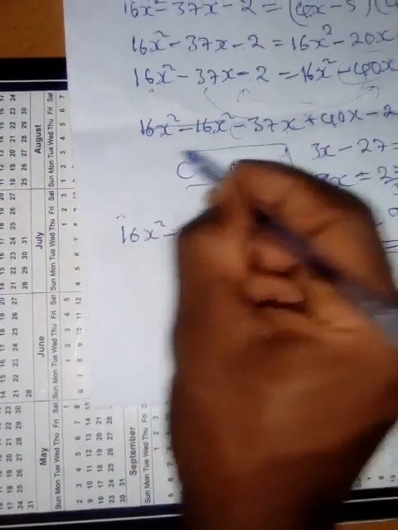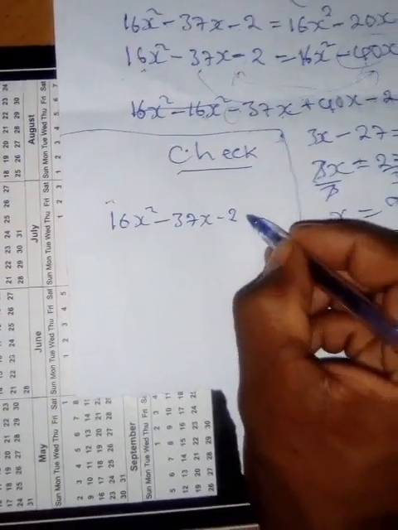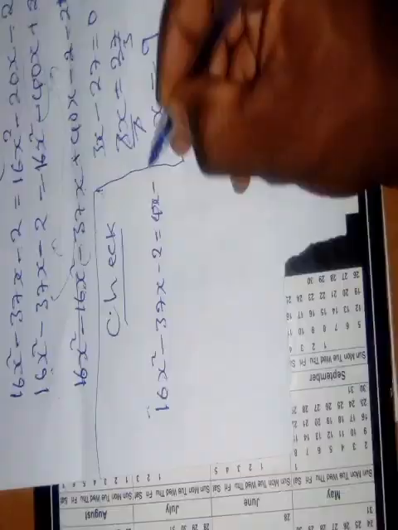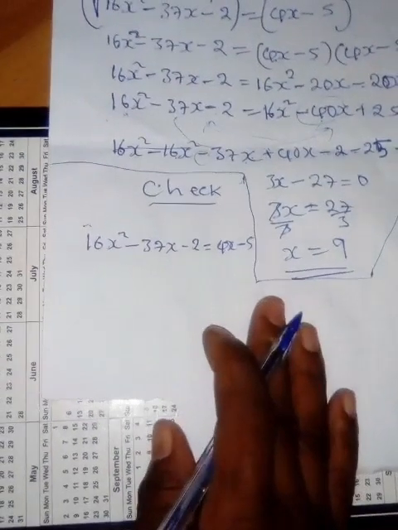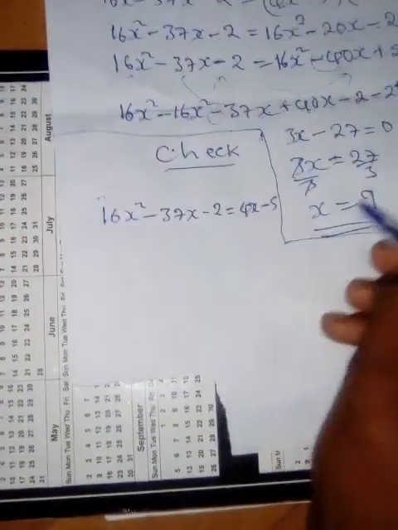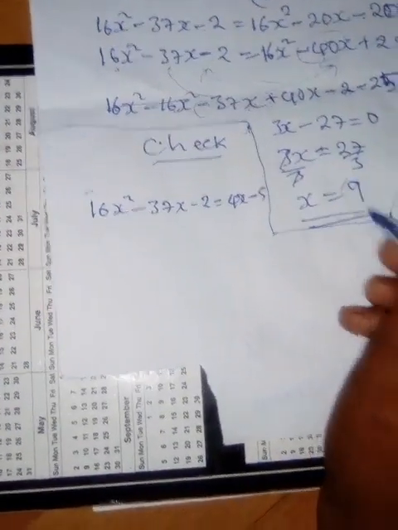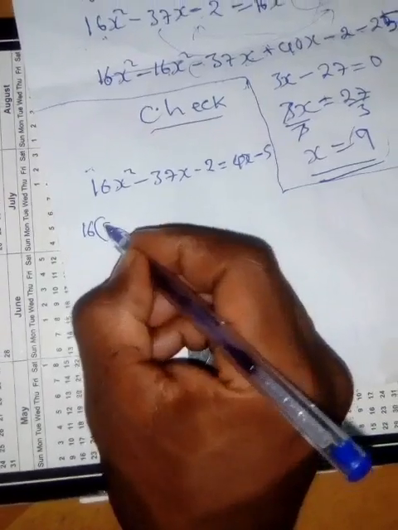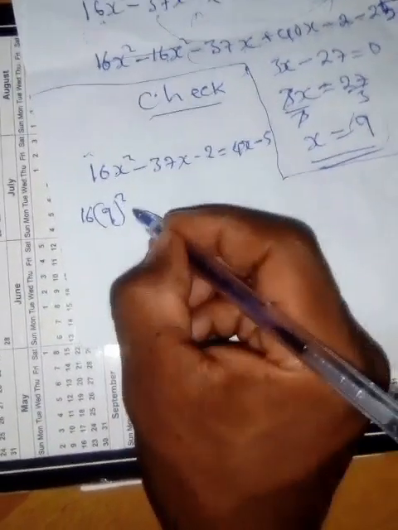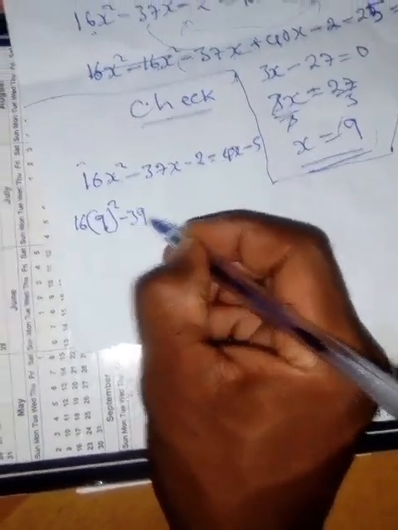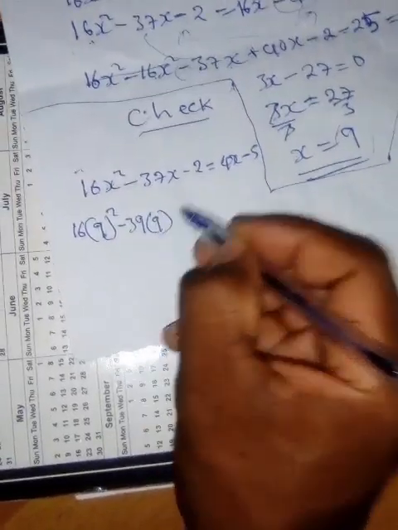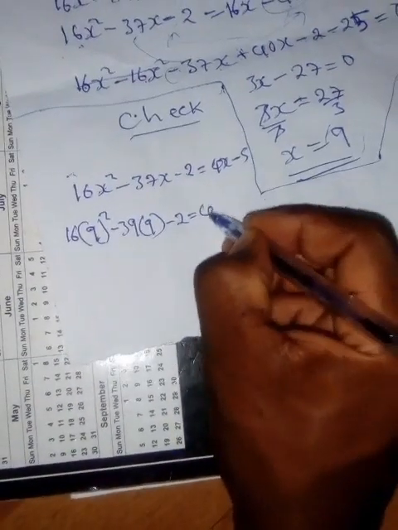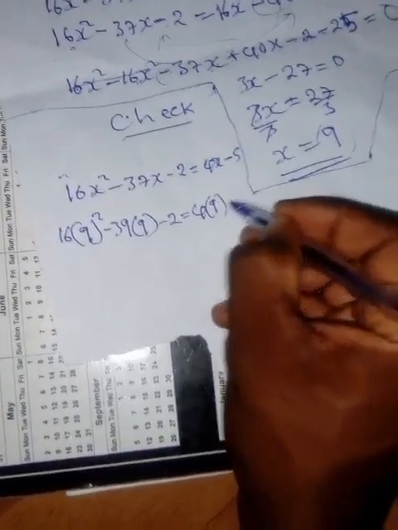I'm just checking, equals 4x minus 5. So I'm going to equate now: where there's an x, I'll substitute 9. So I'll have 16 times 9 squared minus 37 times 9, then minus 2, equals 4 times 9 minus 5.